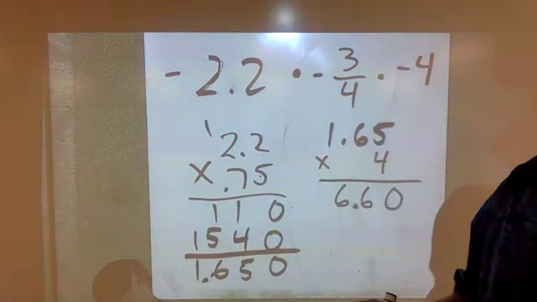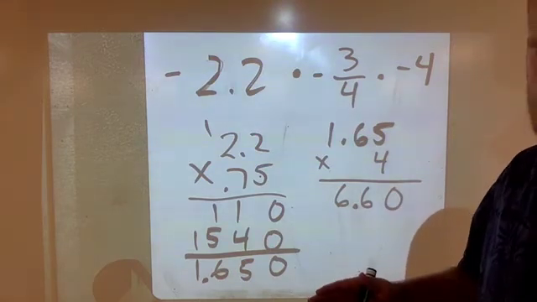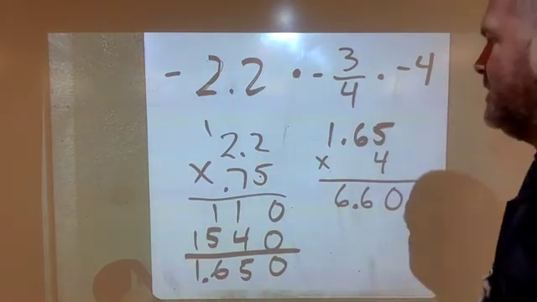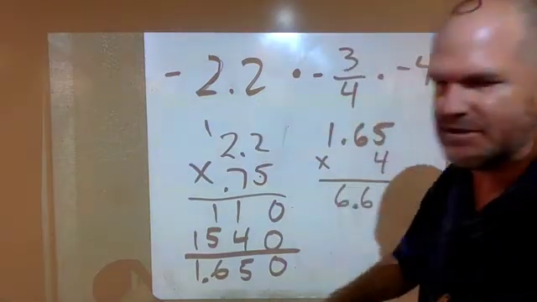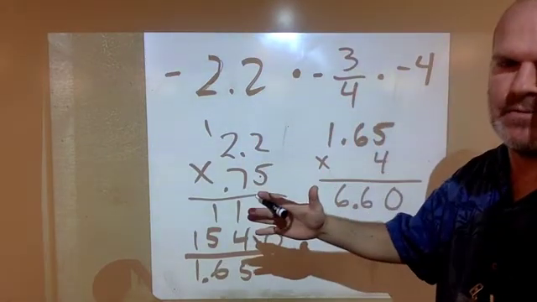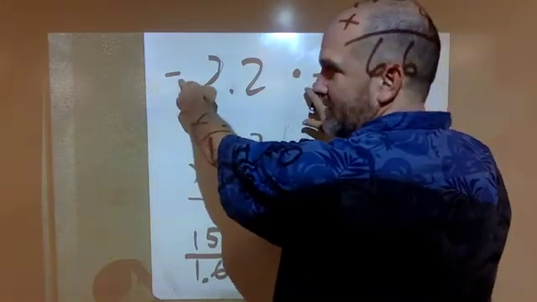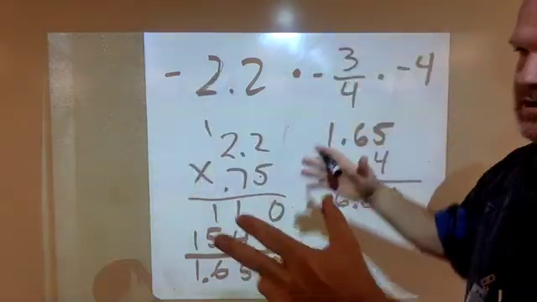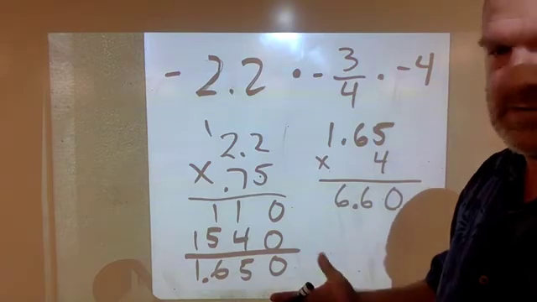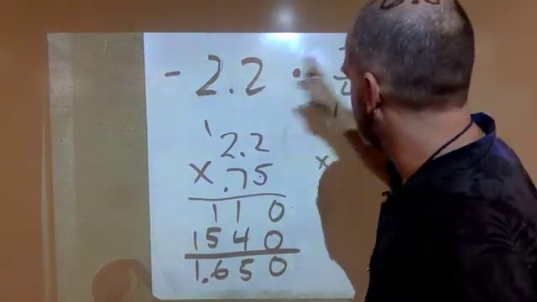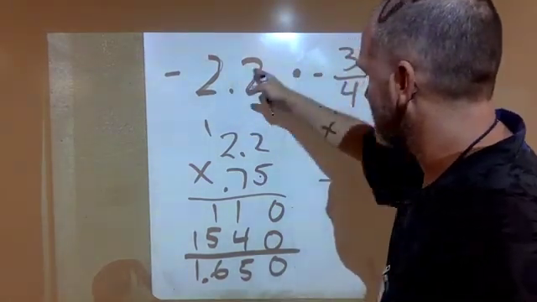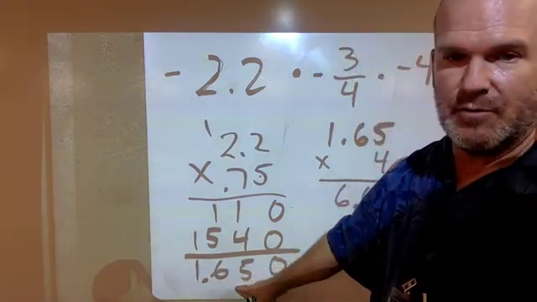Now we just got to figure out is it positive or negative. I already told you it was negative, but now I'm going to explain why. Because when you multiply numbers, you only ever do 2 numbers at a time. So the first 2 numbers that we multiplied together were both negative, and you already know that a negative times a negative is a positive. So the answer to these first 2 numbers when you multiplied was positive 1.65.